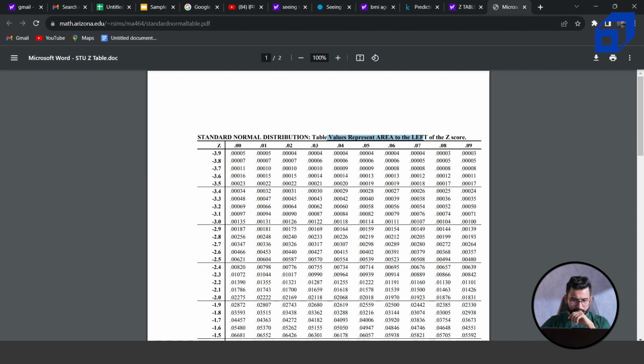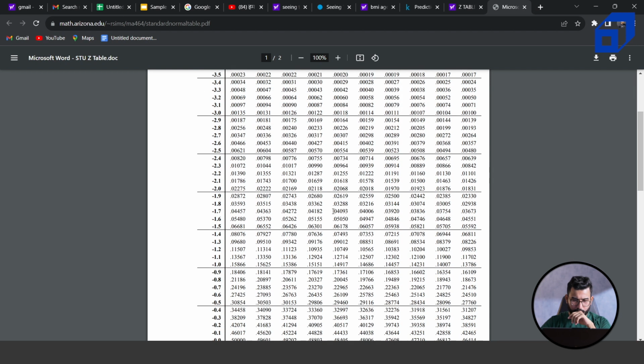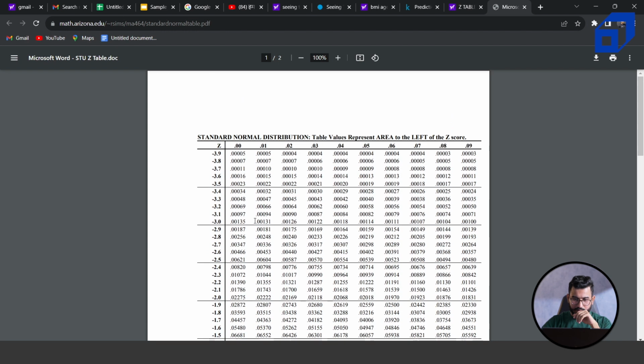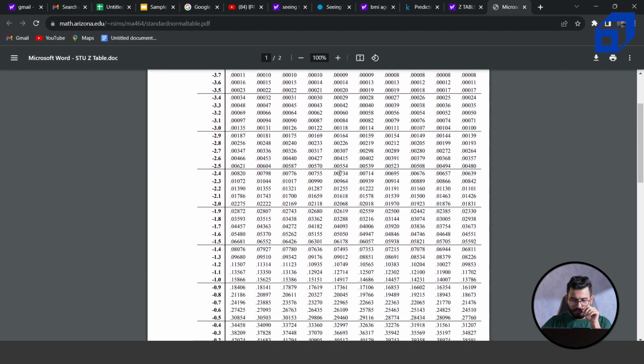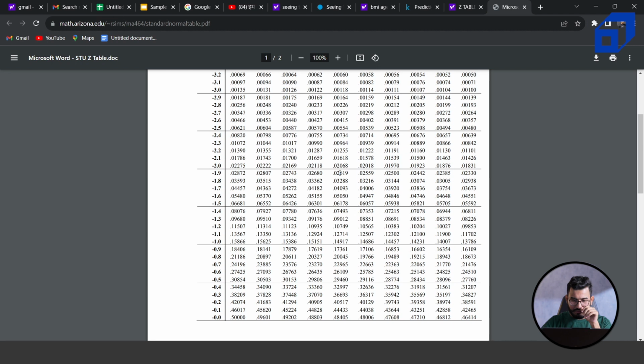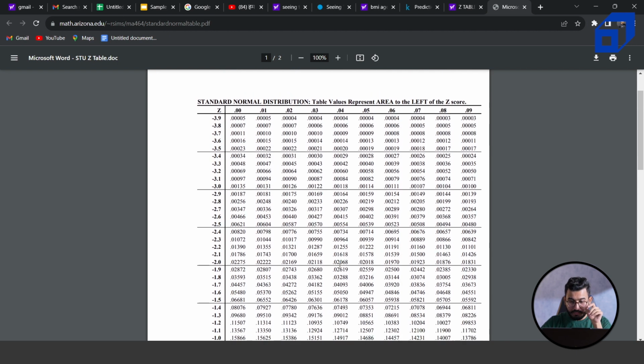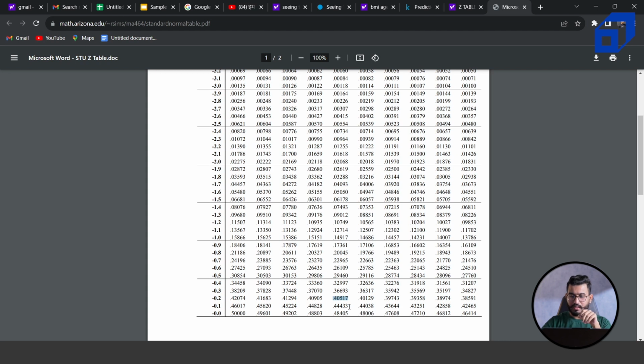So we have to first read the row and then the column. So minus 0.2 and then 4. The intersection of these two values will lie over here, I think. Yes, so this is 0.40517.